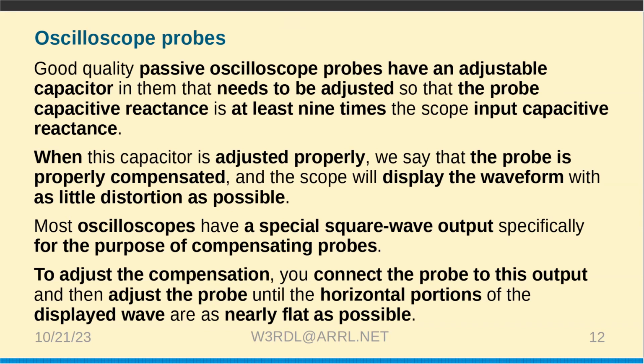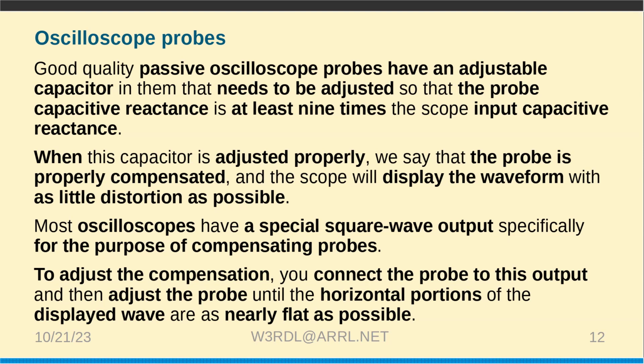Oh, okay. And you adjust that for compensating for the input impedance on the scope to match it to the probe. It's kind of like matching to an antenna. And they provide, I guess I've never seen a scope that didn't, two little outputs over here, one's ground and one is, I think, a 1 kilohertz square wave.